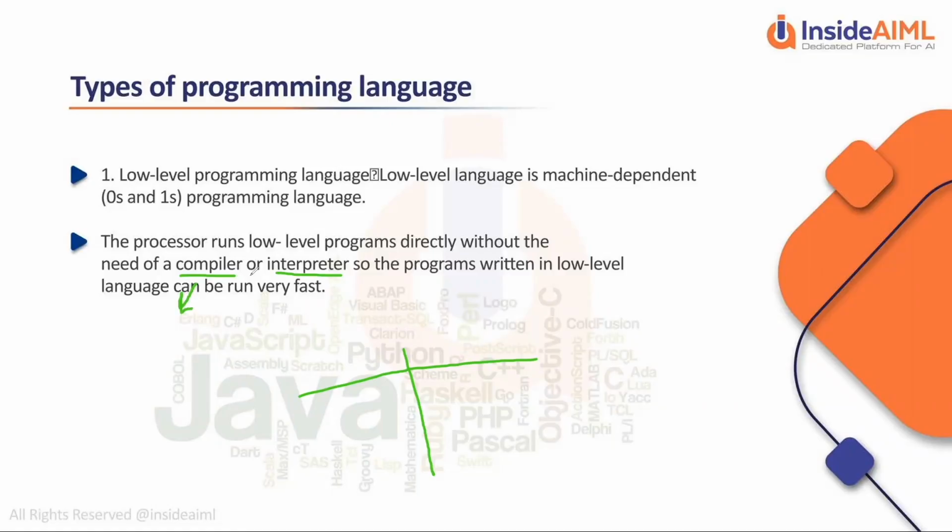So there is a bit of difference between the compiler and interpreter. Low level languages had no need of a compiler or interpreter. They used to be really fast because you don't have to convert anything into binary; it was directly converted into binary and stored.